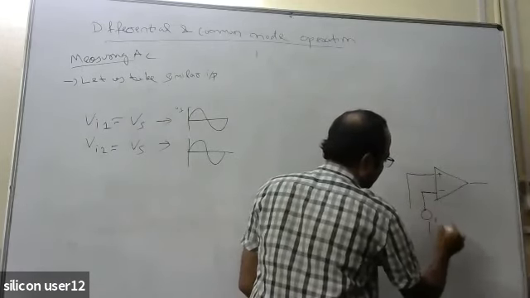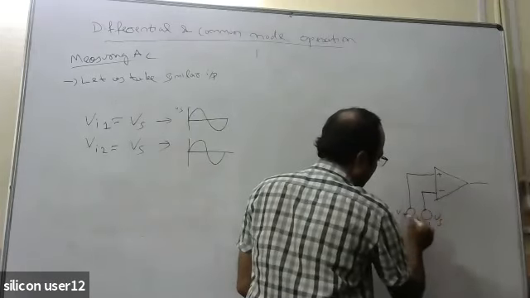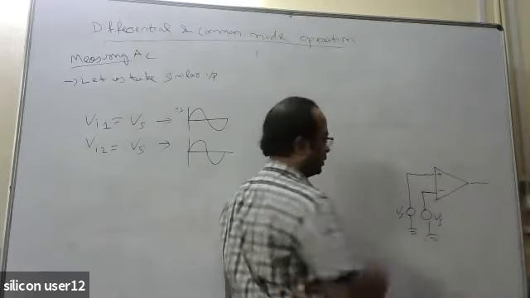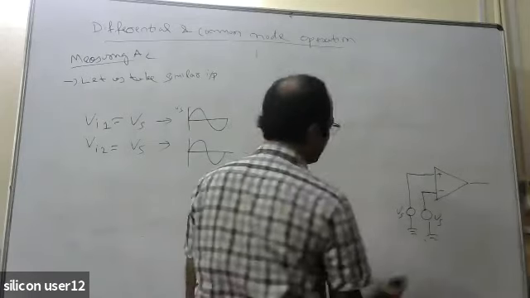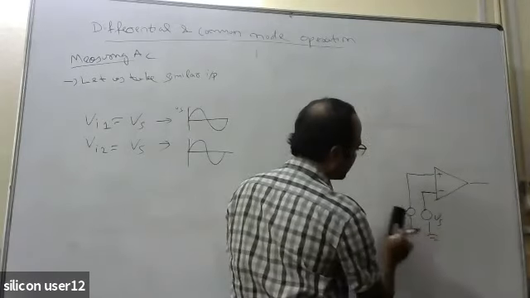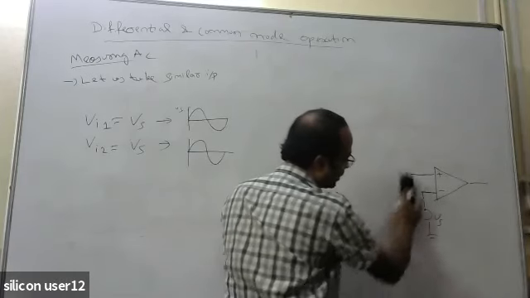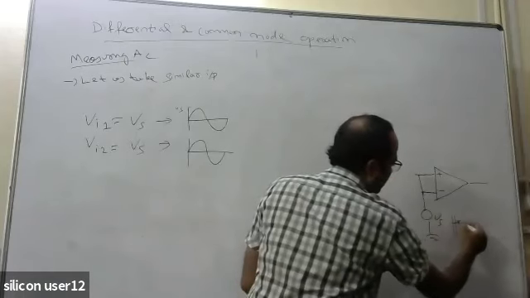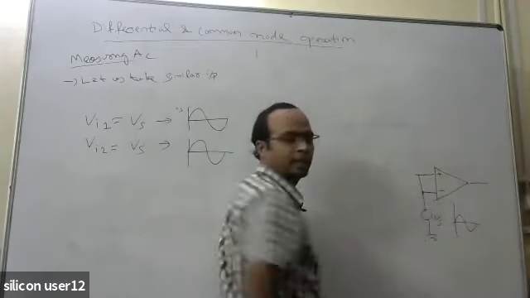Suppose this is Vs, this is also Vs. Both are the same. If both the signals are the same, instead of drawing it twice, it can also be drawn like this. That means the same signal is given to both the plus and minus terminal.